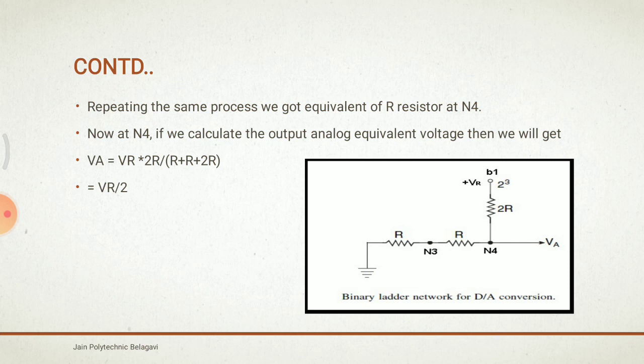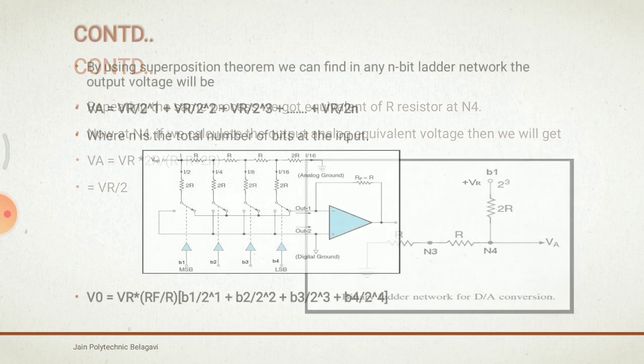Now at N4, if we calculate the output analog equivalent voltage, then we get VA equal to VR into 2R divided by R plus 2R, equal to VR divided by 2. That is the binary ladder network for digital to analog conversion.